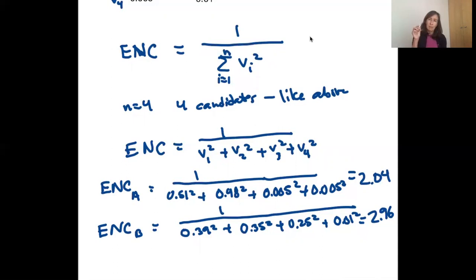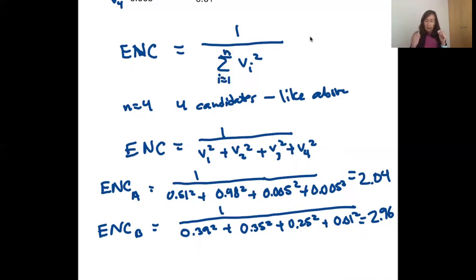And the notation thing I want to point out as a good point to end on is the difference between the two variables here. So the difference between i and n.